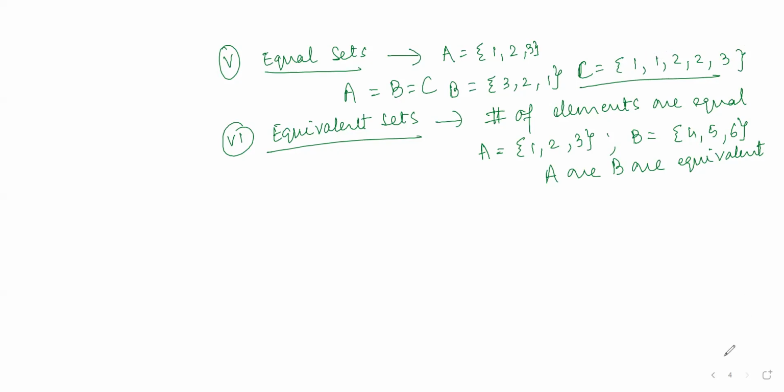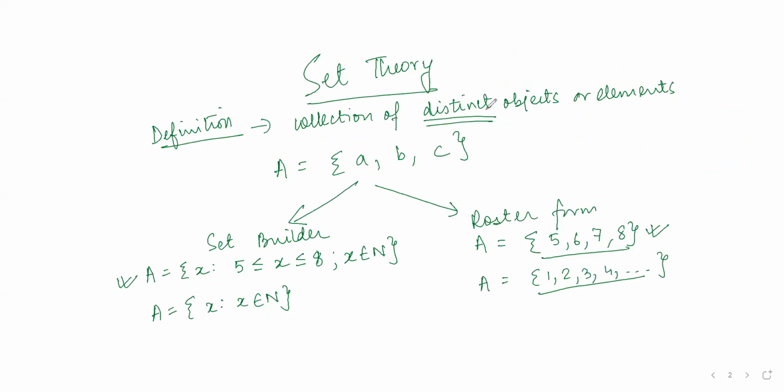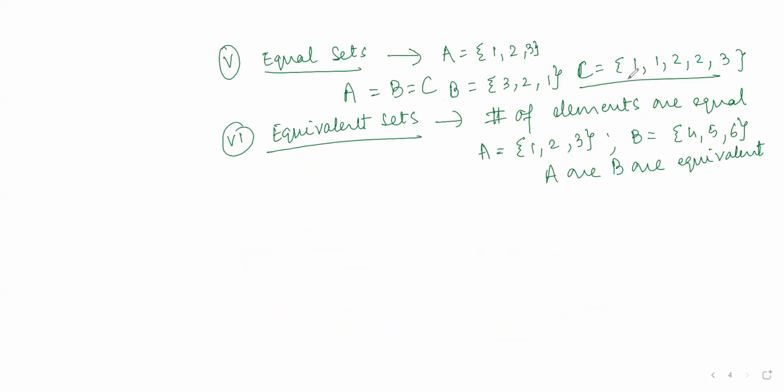A set is a collection of distinct objects or elements. It has to be distinct. One and one is the same. So C is the same as 1, 2, 3. Am I making sense? If I am making sense, please raise your hand. So that is an equal set.